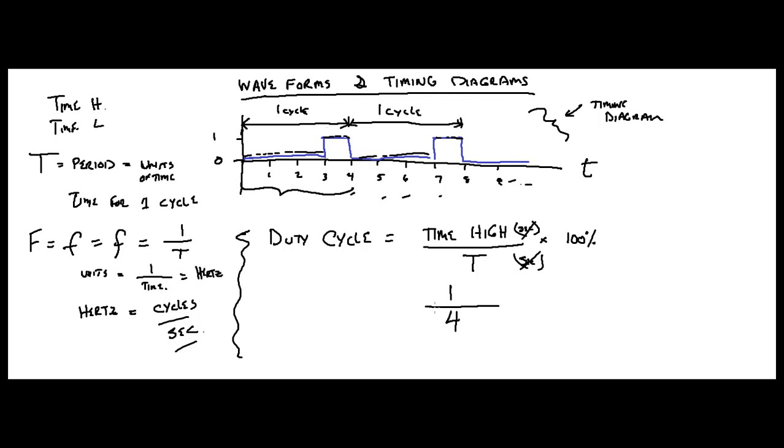It's high for 1 unit of time, and there are 4 units of time in one cycle. It's going to be 1 unit high divided by 4 units for a complete cycle times 100%. That's going to give you a 25% duty cycle. Alright?